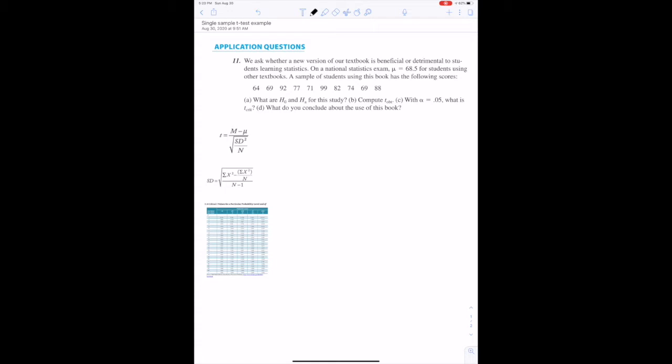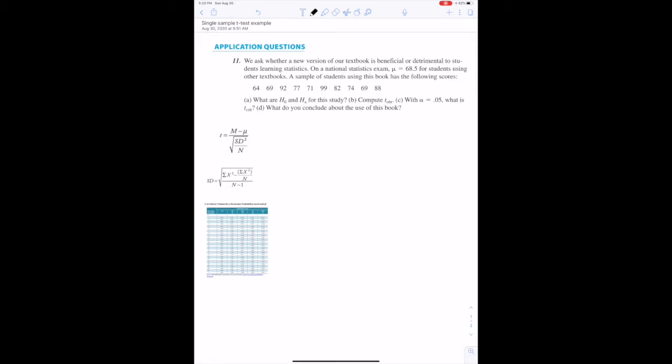So here's the question. We ask whether a new version of our textbook is beneficial or detrimental to our students' learning statistics. On the National Statistics exam, the population mean was 68.5 for students using other textbooks. A sample of our students using our new textbook has the following scores, and you can see those scores there.